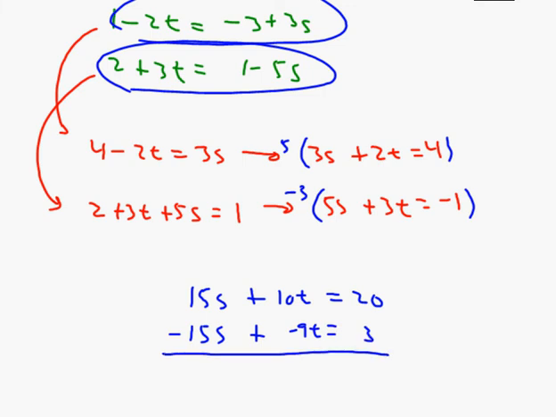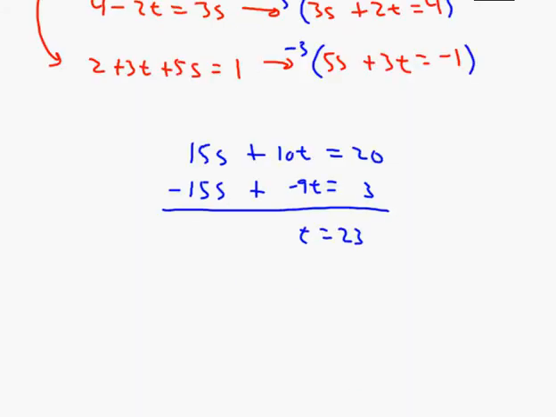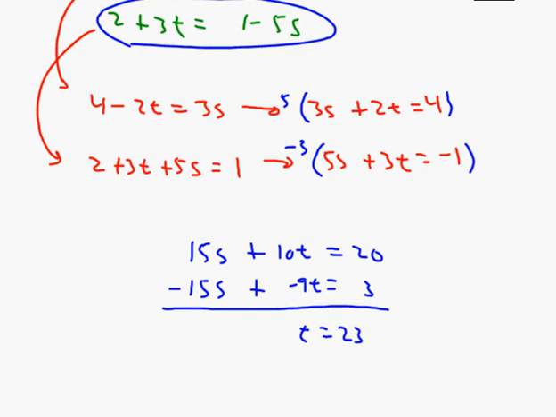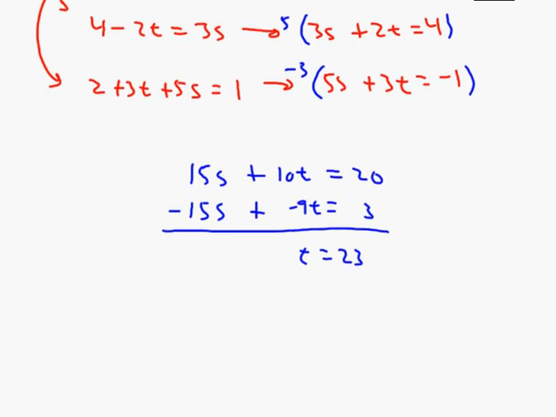Well, this is kind of nice. So you get t equals 23. So now we know what t is. We can get s. So we'll plug into either equation. Let's say we just take this equation right here.